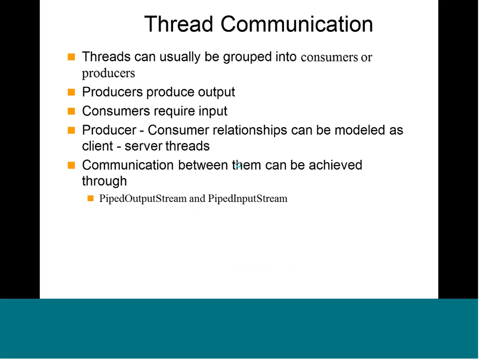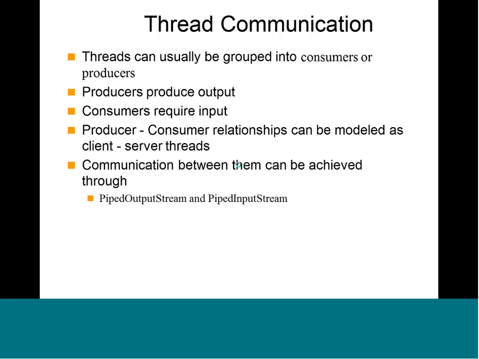In our example, a producer thread would be what? A thread that sets up the automotive object after reading a file. A consumer thread would be the one that uses that automotive instance to configure a car. And the communication between those two threads can be done through piped output stream and piped input stream.